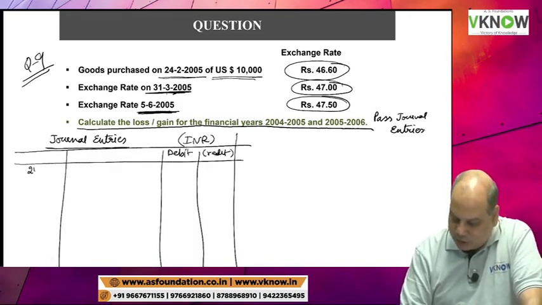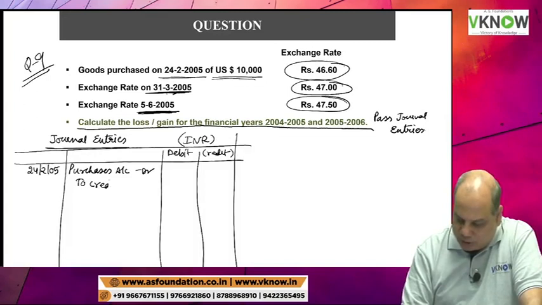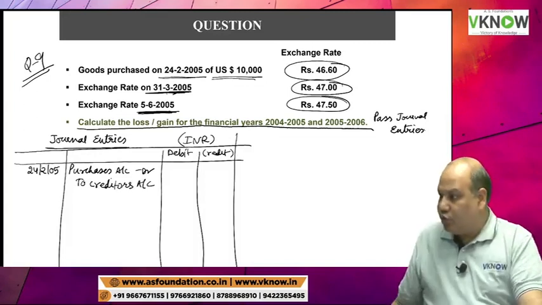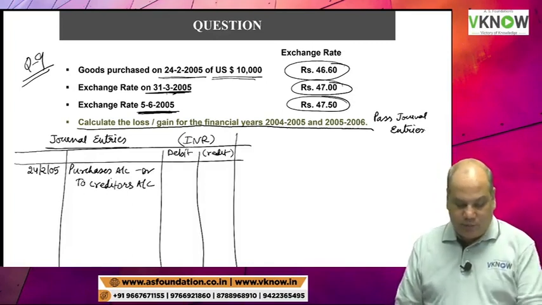First date, 24th February 2005. Purchases account debit to creditors account. You will give me the amount. Anybody for the amount?